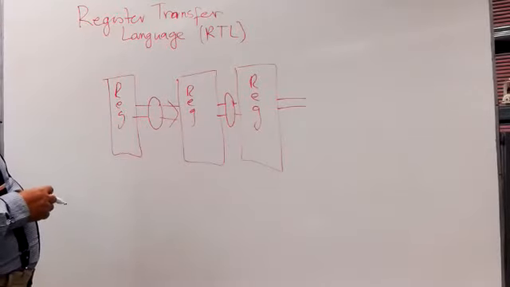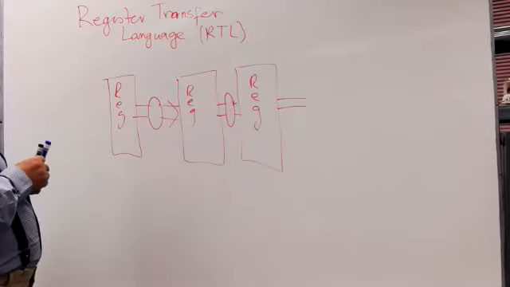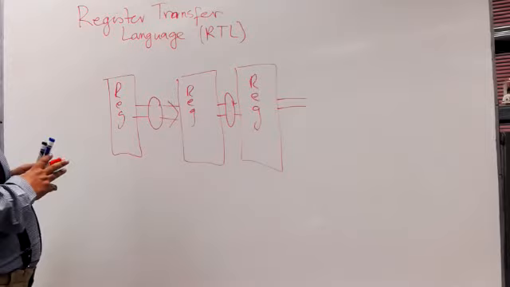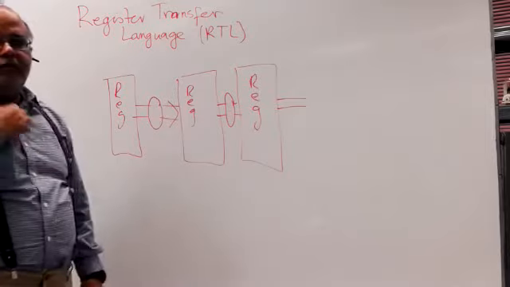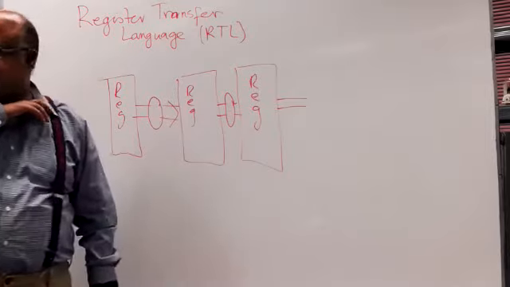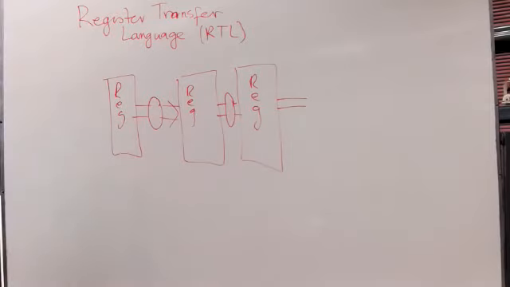And all of these, there are many registers in the processor. Some of them are user visible and some of them are user invisible. By user visible means that when you write your assembly language program, you have some registers to play with. So those registers are user visible registers.